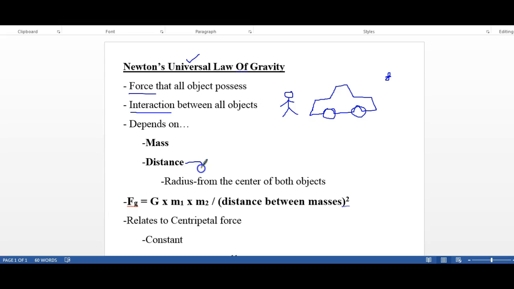And this really gets into the radius. So if you have like the sun, and then you have a small planet out here, the distance is really the distance between these two objects. And really it's a radius because these things are going around in a circle, right?